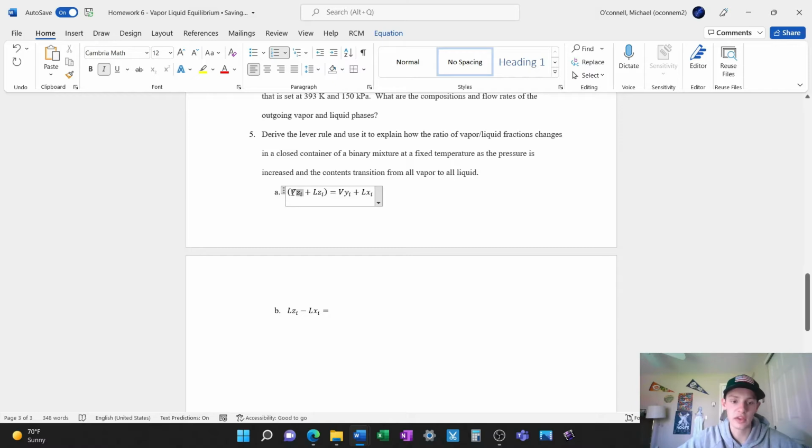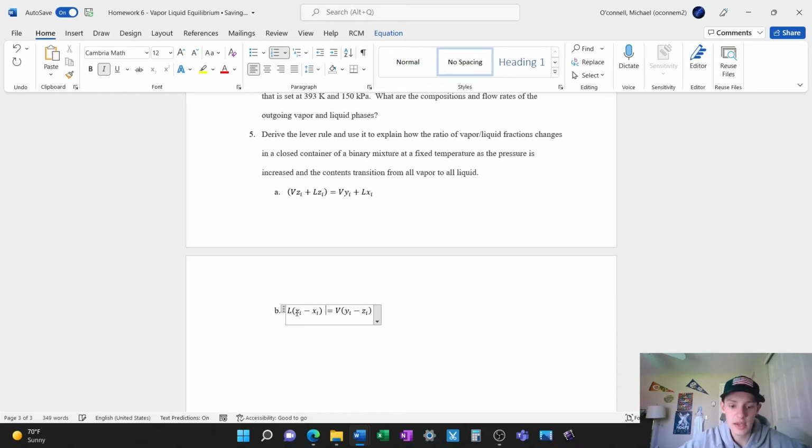Well, like I said, we want to have this ratio of vapor and liquid fractions, correct? And this will allow us to do just that, because as you can see here, we can factor out V from the right-hand side, and we can factor out L from the left-hand side. So let's see what that gives us.